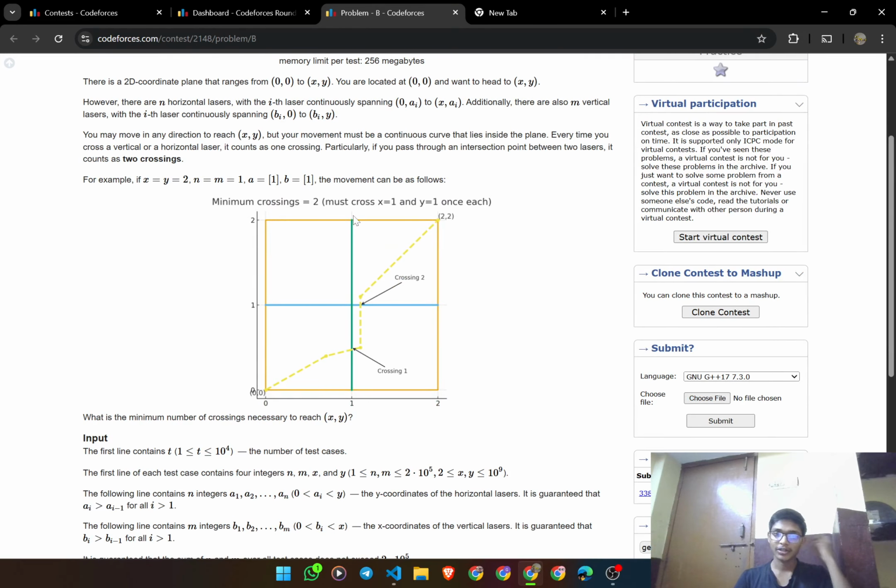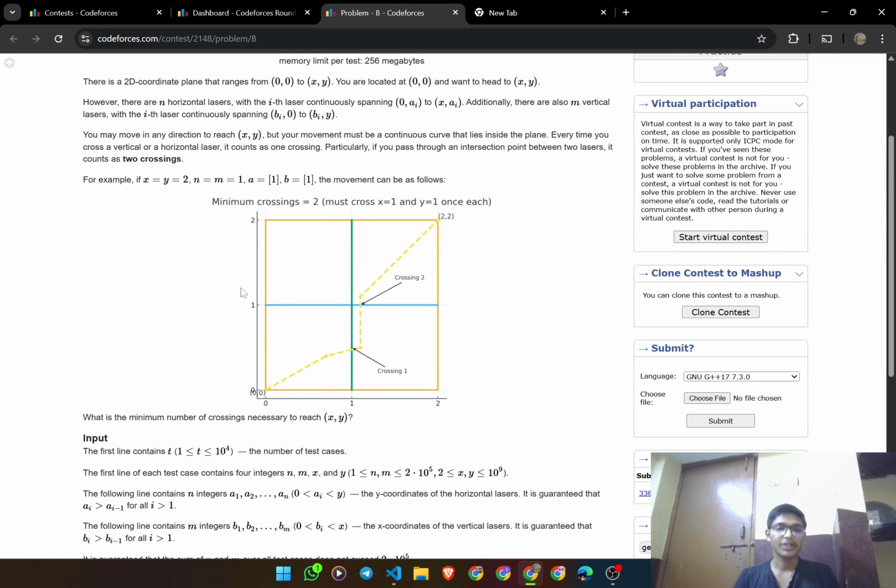If this point is here and this line goes up to this point only, he has one way: by bypassing this horizontal line, he can reach the destination by crossing only one line.